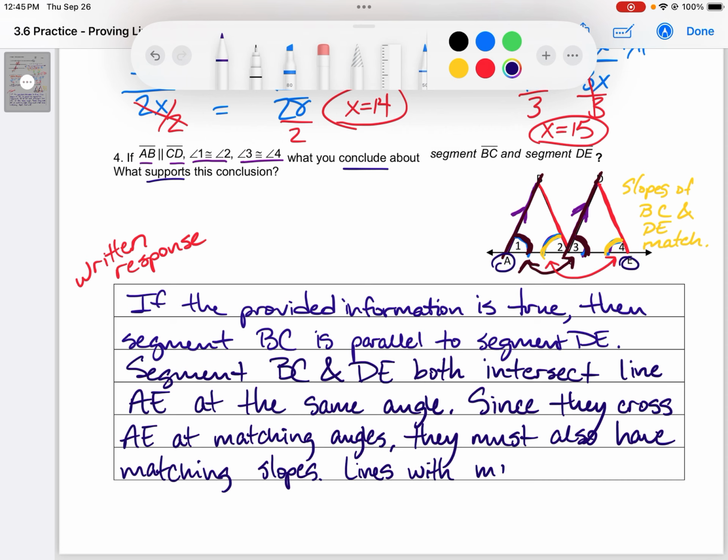Lines with matching slopes are parallel. The end. 4 sentences that give me a good conclusion and support to that conclusion using the language that we have been using in class.